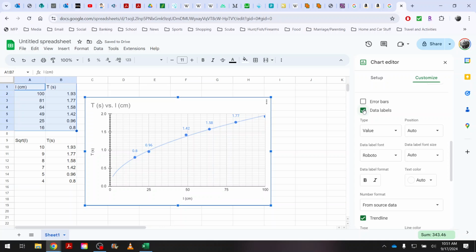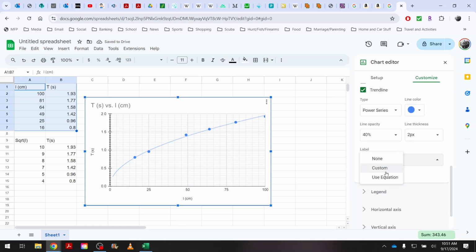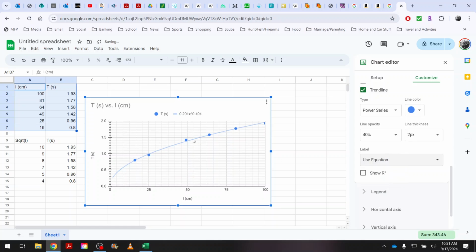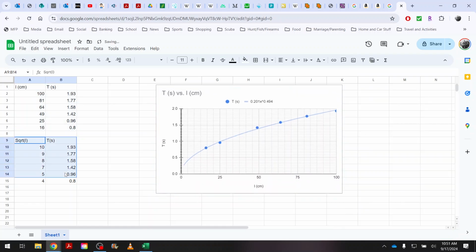No, I don't want data labels. I want a label, this guy, there it is. Use the equation, and it will give us the equation there. This one is 0.201 x to the power of 0.494. And so that's the first equation, given the first set of data.